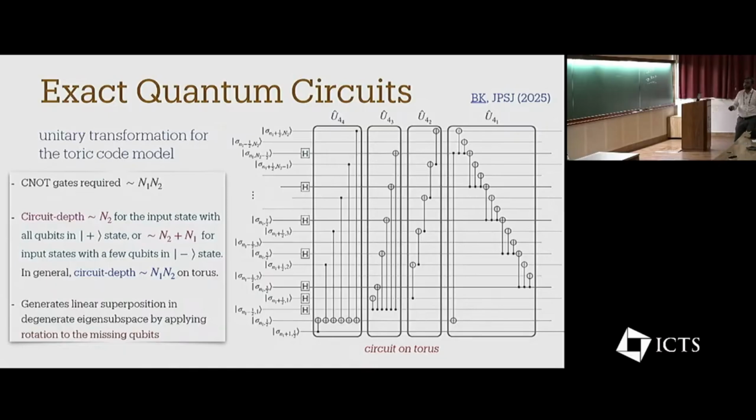But at least for some low energy states, you can still do it. And you can go much beyond what people anticipated. You could generate any linear superposition in a given manifold. So you can really play with these 4 states in each manifold and generate whatever you want.